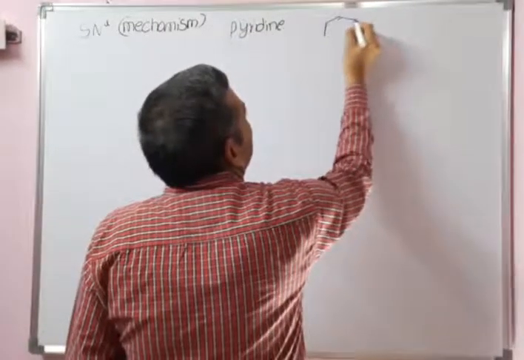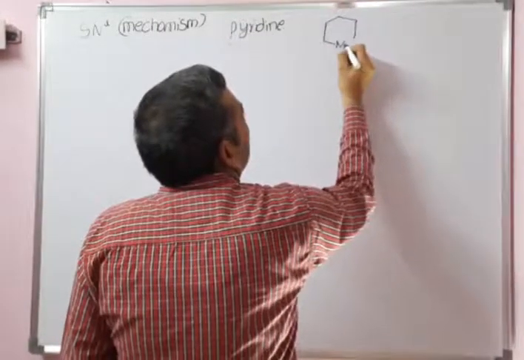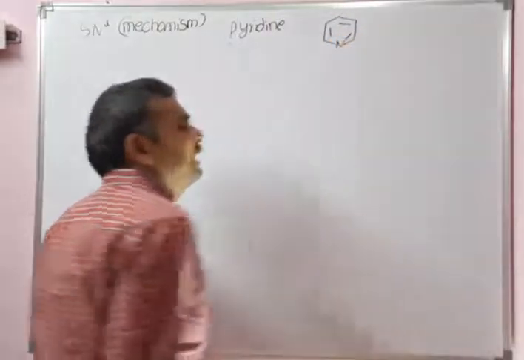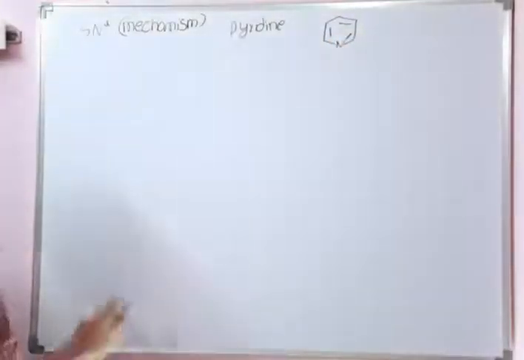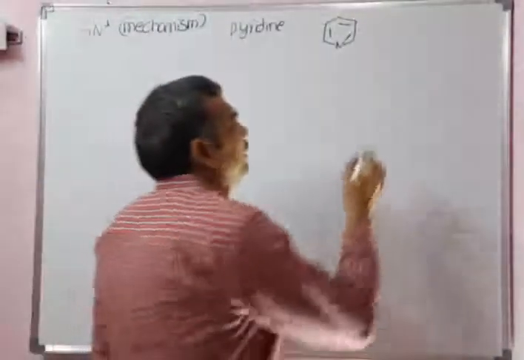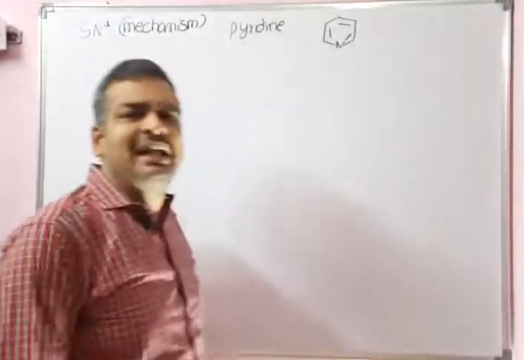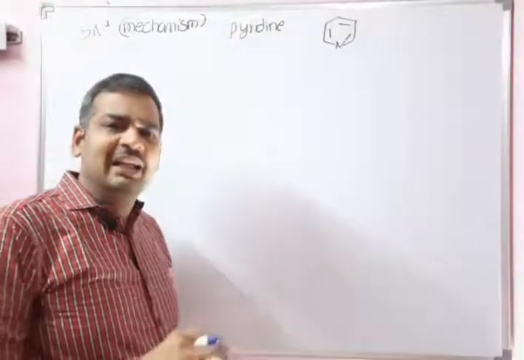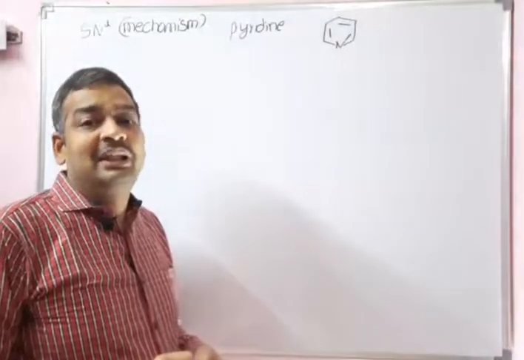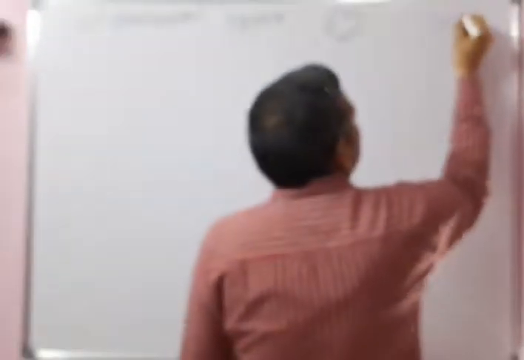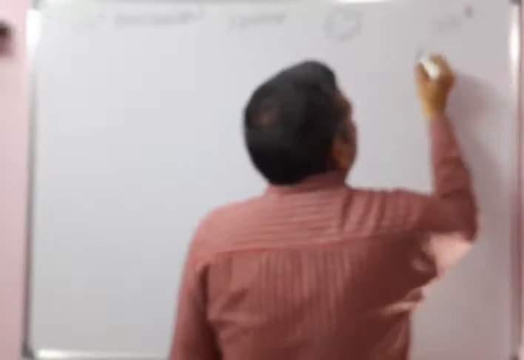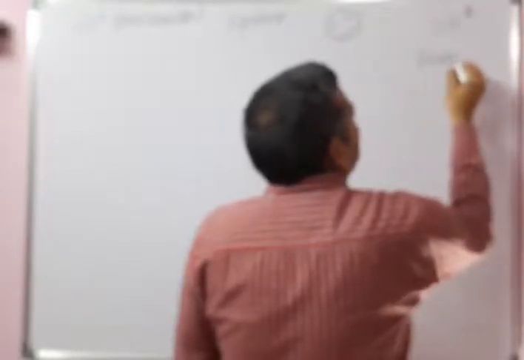This is pyridine. If you use pyridine as a solvent in SNi reactions, the mechanism will not follow SNi, it will follow SN2 mechanism, and inversion of the configuration will take place.